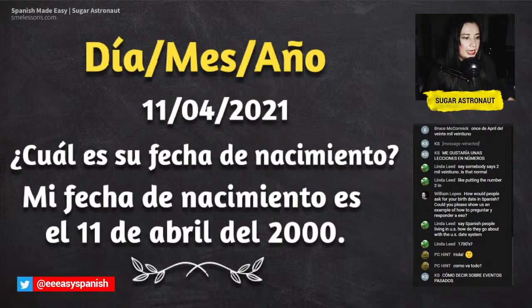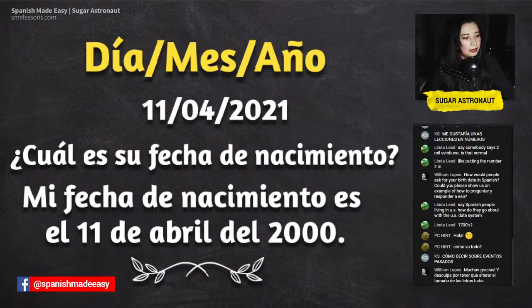So Linda Lead asks, say Spanish people living in the US, how do they go about with the US date system? Well, I'm not entirely sure, but Spanish speakers that live in the US adapt to what is used in America.